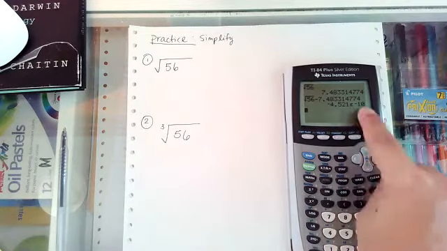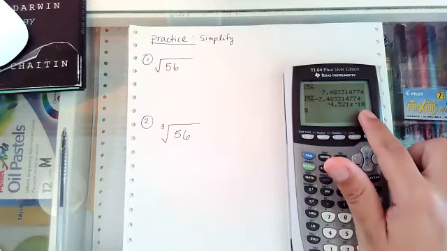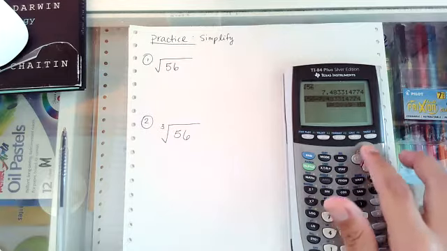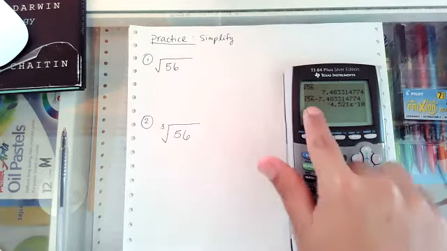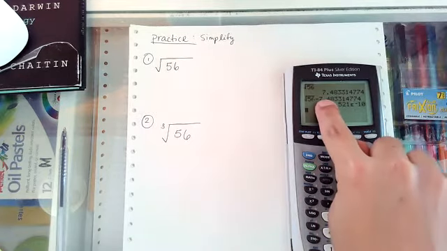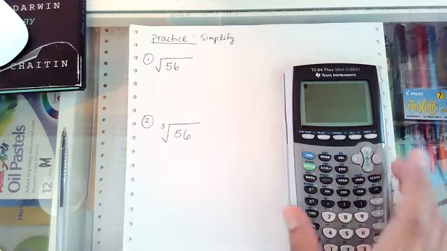And yet the calculator is throwing us this really small number, and it's in scientific notation. So clearly, the calculator is not able to handle the exact value other than to say that the square root of 56 is an exact value, and it's a little bit bigger than this decimal representation. So we don't want to go with the approximation here.